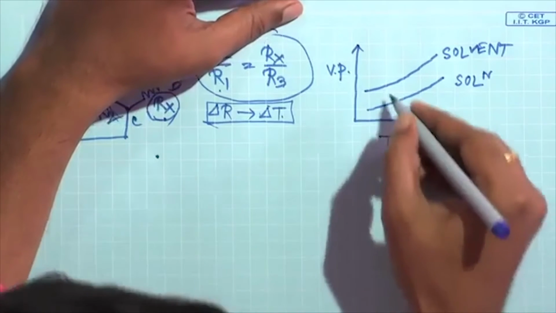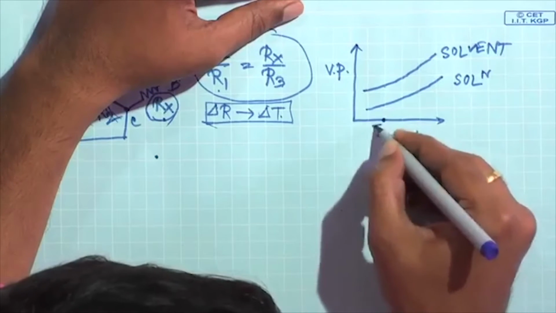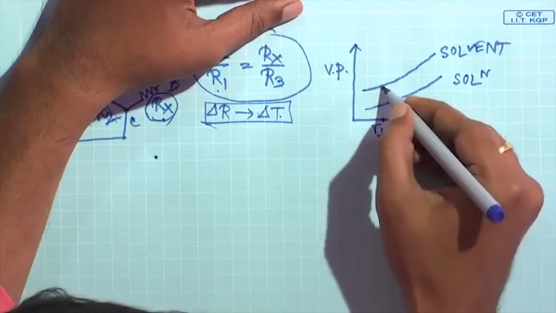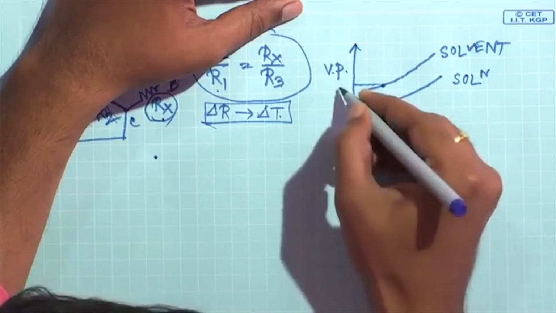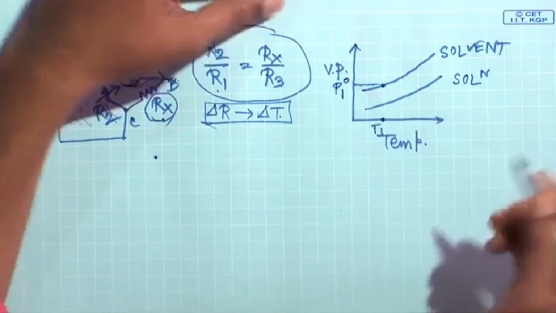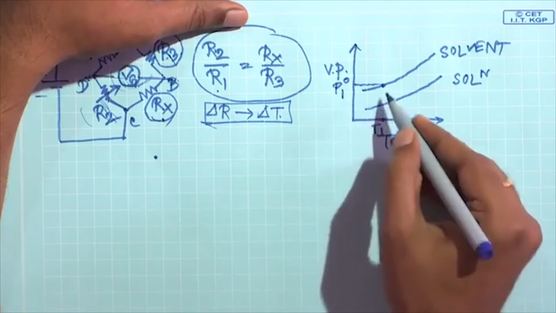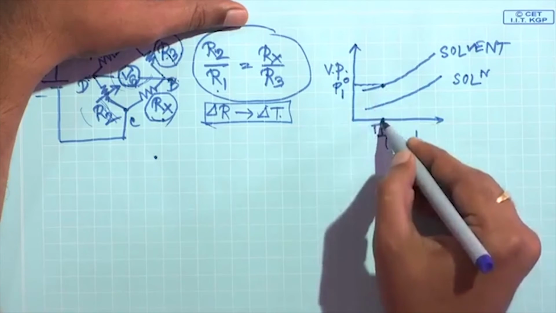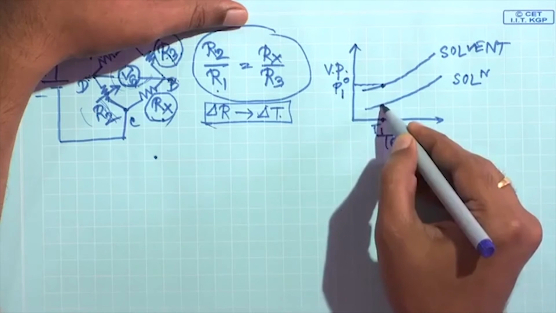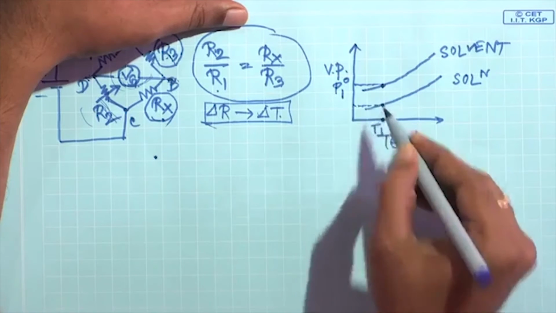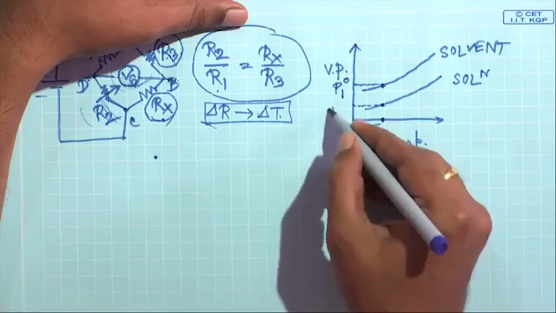Now, let us say you have a temperature T1 here, at that temperature P10 is the vapor pressure of the solvent, that is the pure solvent. However, at that temperature if you have a solution, the vapor pressure decreases, it is somewhere here now, and the vapor pressure is P1.